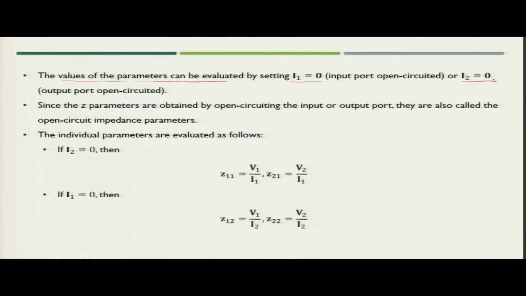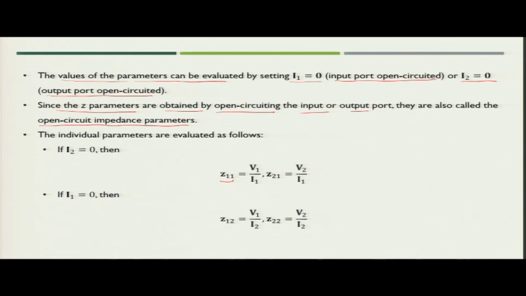That means first you make the input port open circuit, meaning I1 is equal to 0, or the output port open circuited, meaning I2 equal to 0. Since these Z parameters are obtained by open circuiting either input or output ports, they are also called open circuit impedance parameters. Now, let us see how we will evaluate the values of the Z quantities which we have seen in the matrix. Those are Z11, Z21, Z12 and Z22.